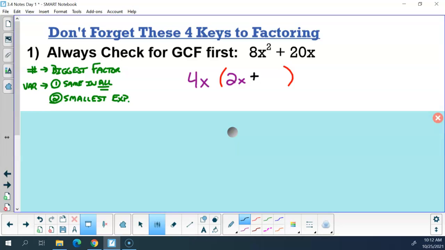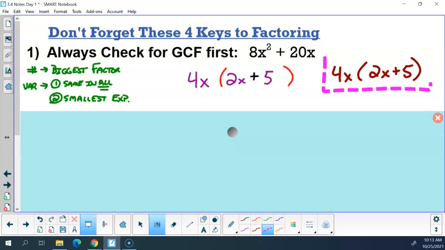Now we go to the next one. What times 4 gets me 20? 5. What times x gets me x? Just 1, right? Yeah, so we don't have to add any more variables there. So then that is my GCF term.